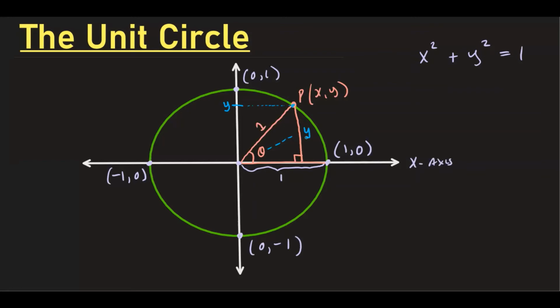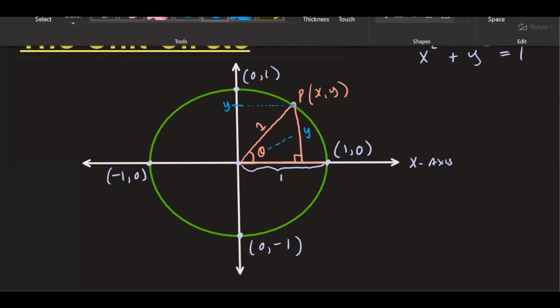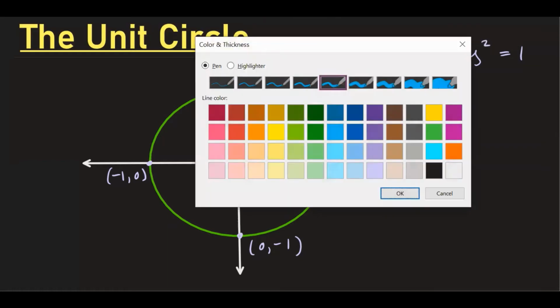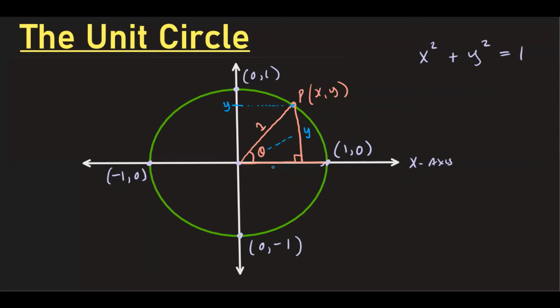And the bottom length of the right triangle is parallel to the x-axis, so we're going to label that to be x. I'm just going to go ahead and erase this piece because we're not going to need it right now. So I'm going to relabel that side to be length x. So from here to here, this is length x.